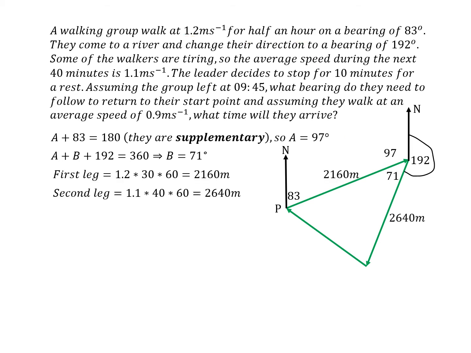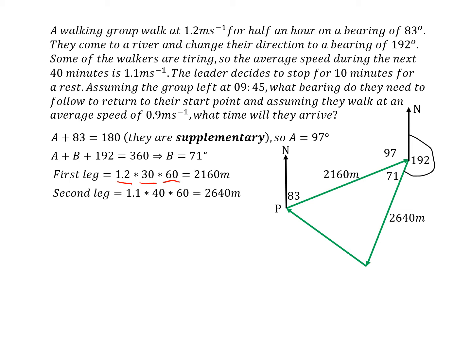So as you see there, on the first leg, the speed is 1.2 meters per second times 30 minutes, and then I want to convert that into meters, so I have to multiply by 60 to get a total distance of 2,160 meters. And then on the second leg, a similar calculation gives me the distance of 2,640 meters.